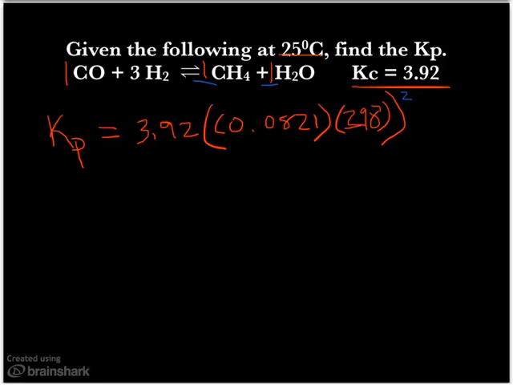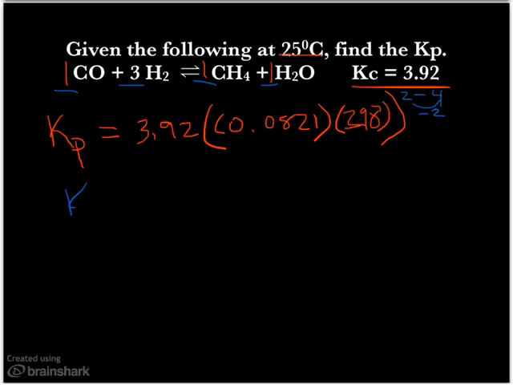So that would be 2 minus, and then if you look on the other side, you have a 1 and you have a 3, so that's 4. So you have 2 minus 4 for your power, which just becomes a negative 2. So you basically have 0.0821 times 298, and that is all to the negative second power.